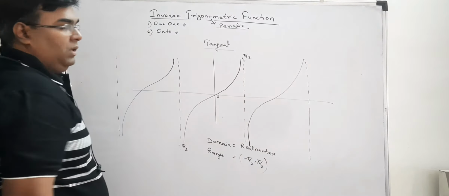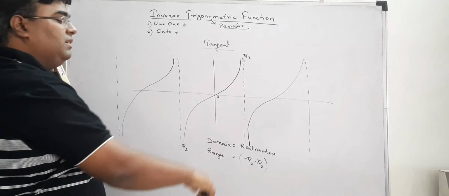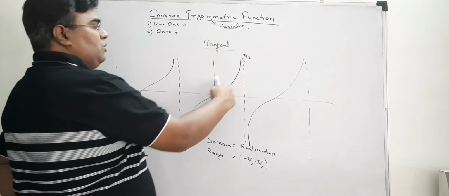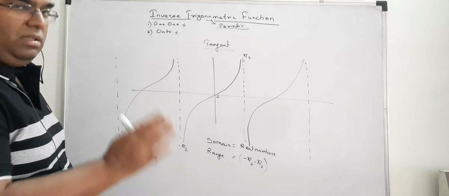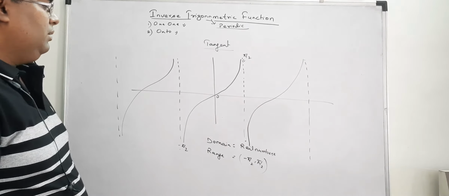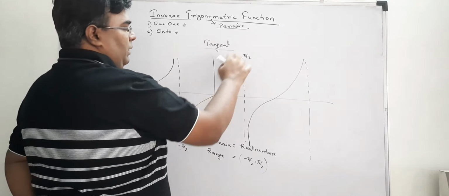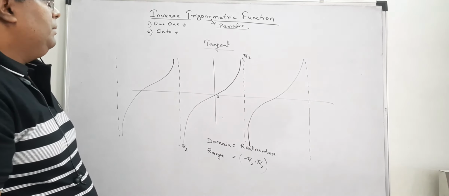Right? The range of tan function is what? Real numbers. Hence the domain of tan inverse function will be real numbers. So it can take all values of any number from minus infinity to plus infinity, but the values of angle will come from minus pi by 2 to pi by 2, not including minus pi by 2 and pi by 2.